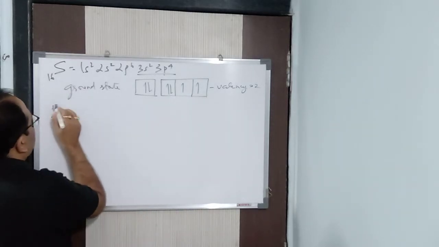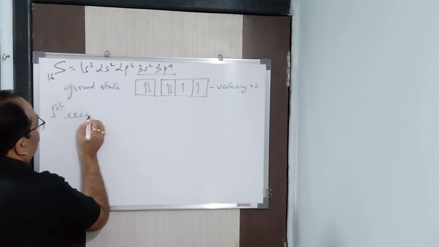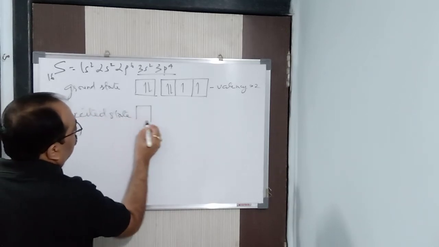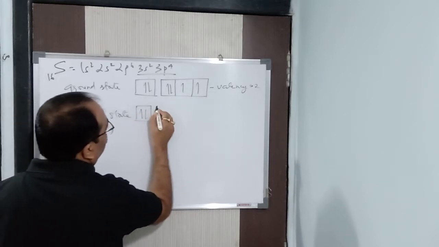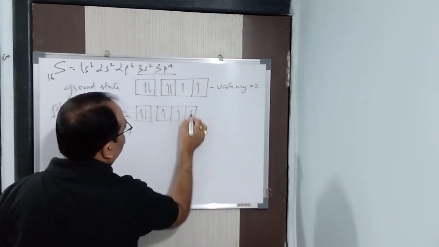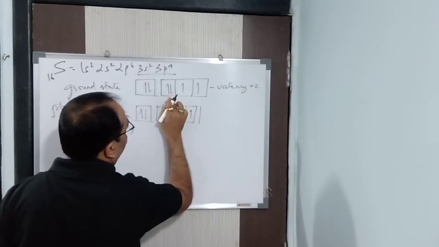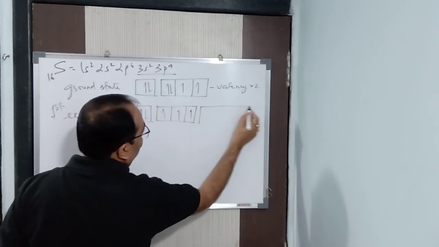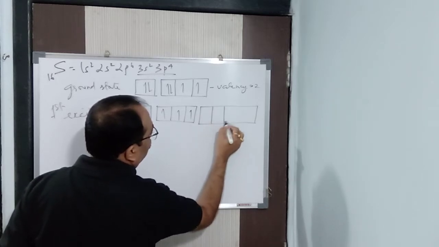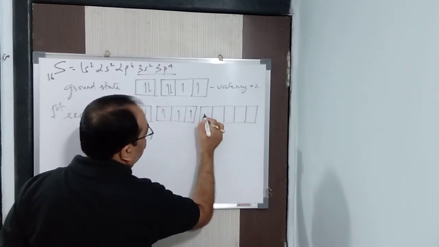Now, in the first excited state, what will happen? 3s2, 3p, it is 1, 2, 3. 1 electron from the p subshell goes to the vacant d subshell here.